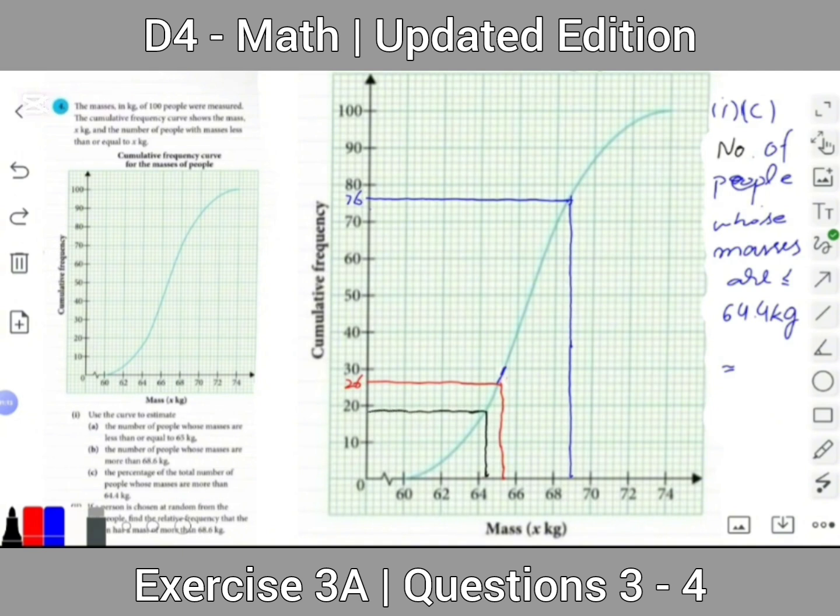So now here we have the reading approximately 19. The number of people whose masses are less than or equal to 64.4 kg is 19 according to the curve.